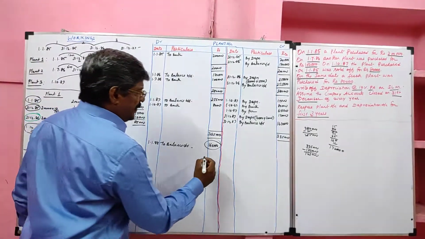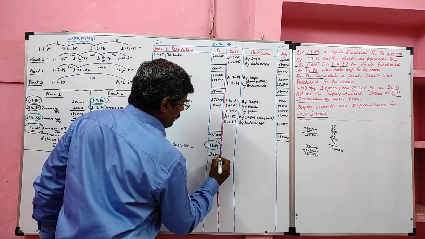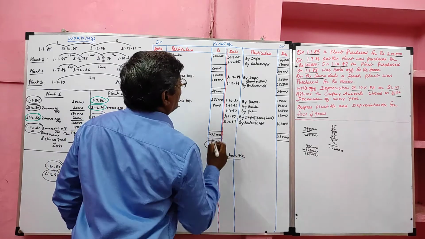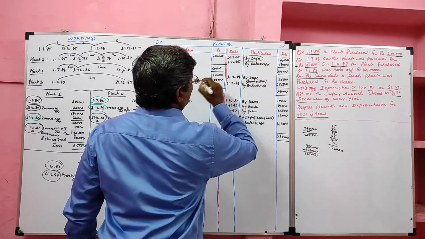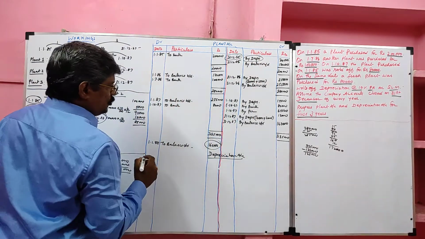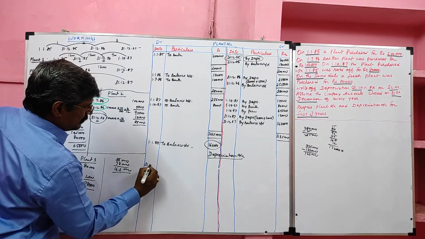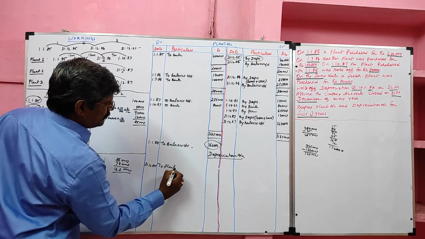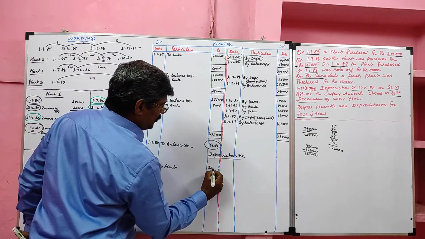Then we have to prepare the depreciation account. Here in the first year depreciation credited, date 31st December 1985, to plant account, value 20,000.